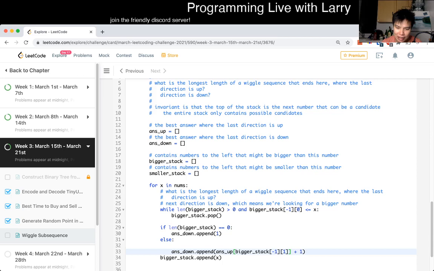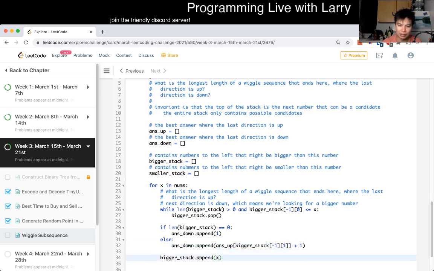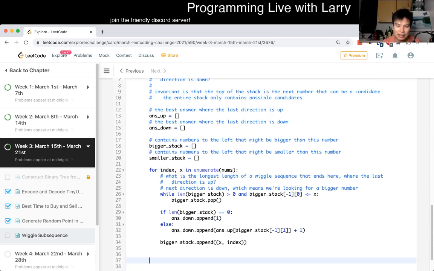Because basically this is the index of the top of the stack, and then we look up the previous answer where it is answering up is there, and then here we put in the index, which we have to do by making it enumerate. I'm really tired. Usually I'm a little faster, but that's basically the idea. And then we can do the same thing for the other side.